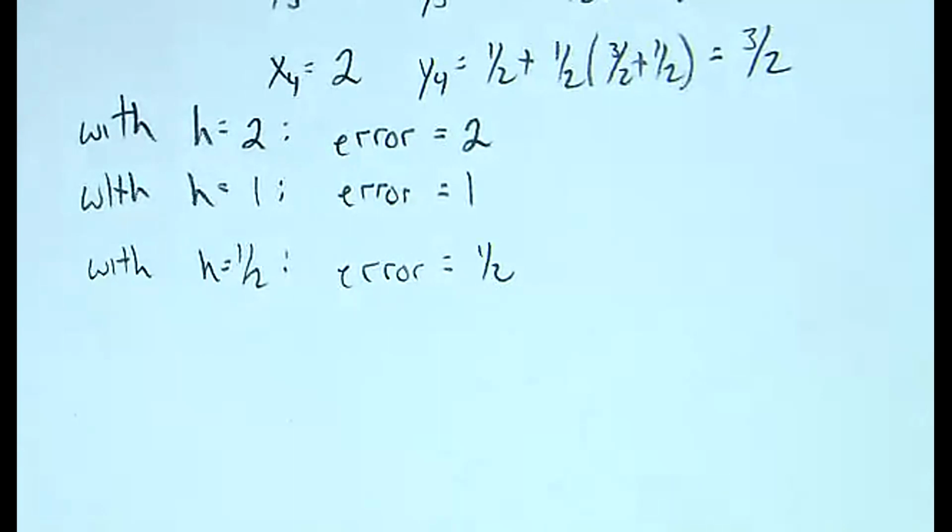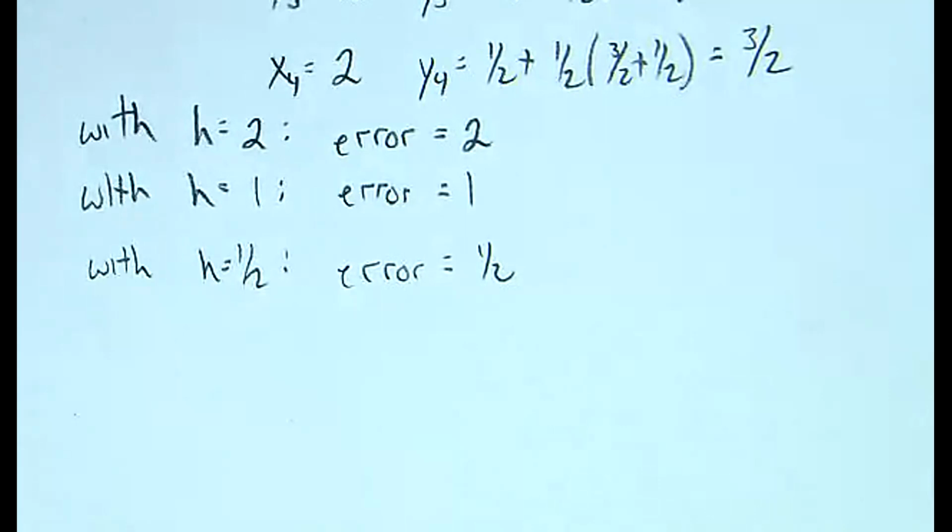And we can imagine, as I get my step size smaller and smaller, our error should decrease because we're relying on local linearity less and less, or if you prefer, we're taking smaller and smaller step sizes, so the function looks more and more like its tangent line over the regions we're looking at.